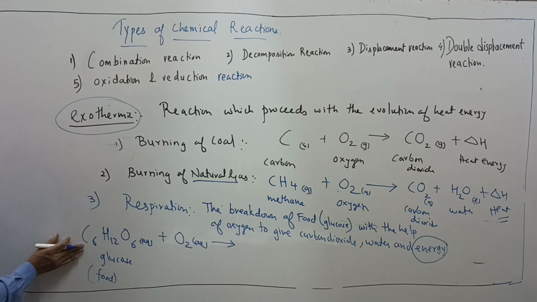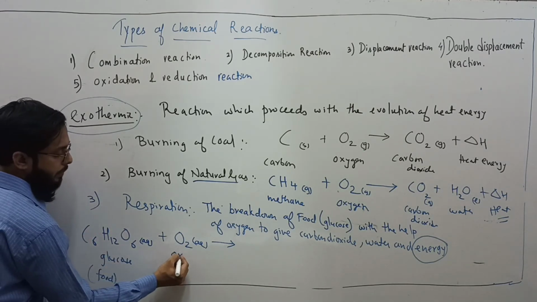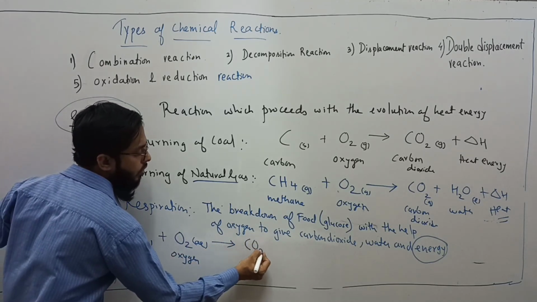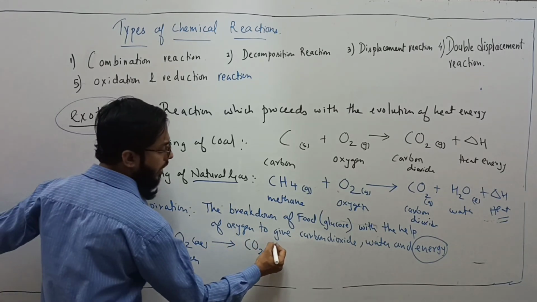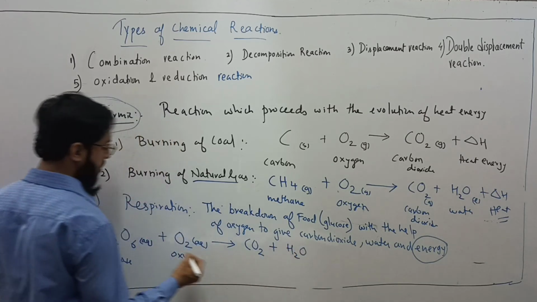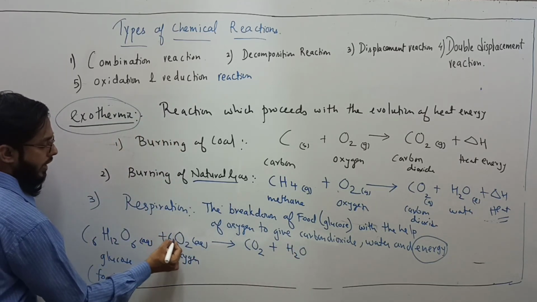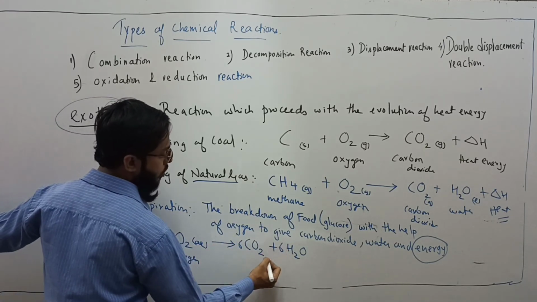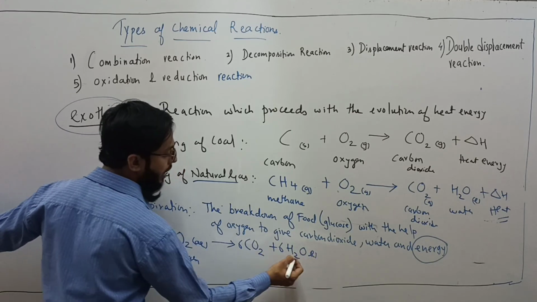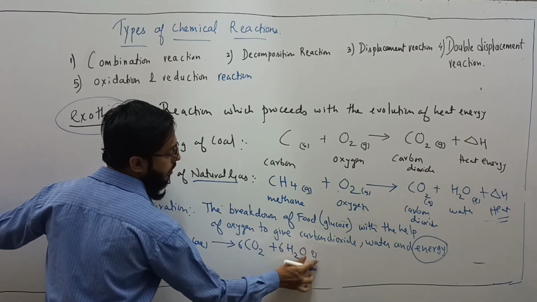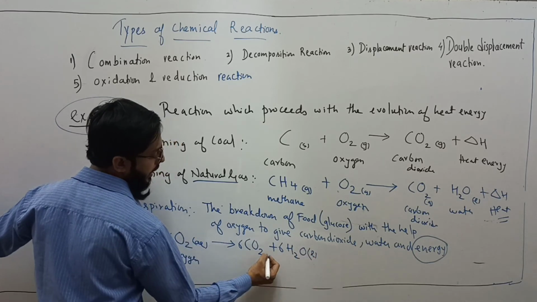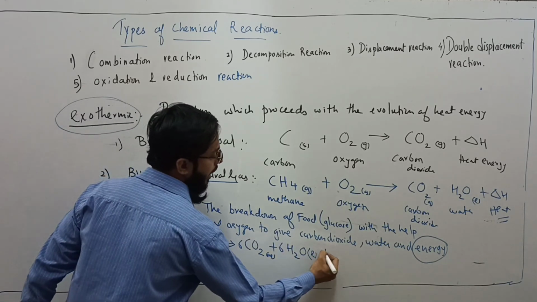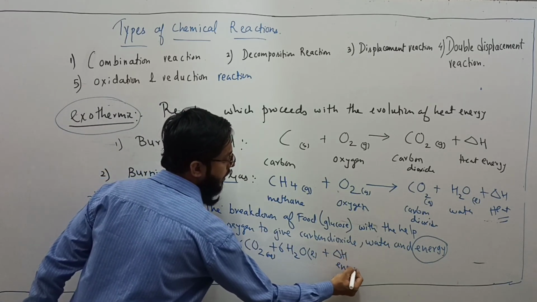Now you can see this glucose C6H12O6 is broken down. How many carbons does glucose have? 6. It breaks down into carbon dioxide and water. So C6H12O6 requires 6 oxygen molecules to form 6 carbon dioxide molecules, and 6 water molecules are released. The carbon dioxide is given out and transported by blood, so it is aqueous, and heat energy is released.